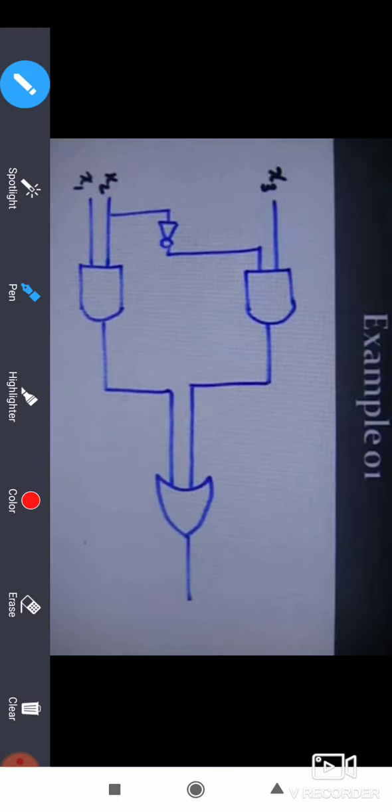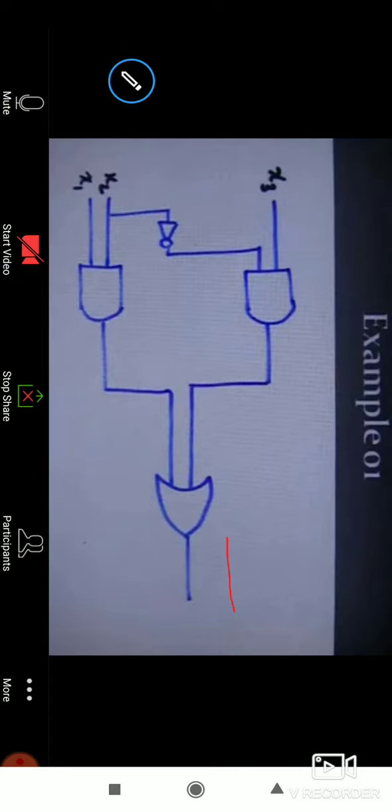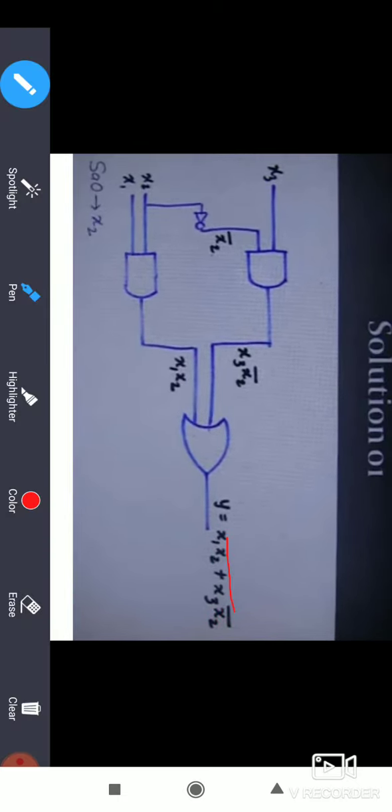Here is an example. Your inputs x1, x2, x3 are the three inputs. Just representing the Boolean expression here. Suppose your input line x2 is stuck at 0. Now we have to generate the test vectors for line x2 stuck at 0.